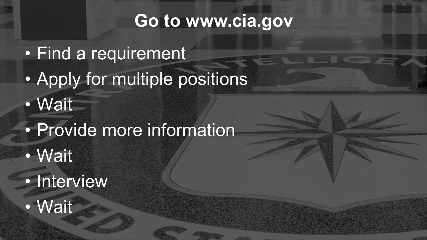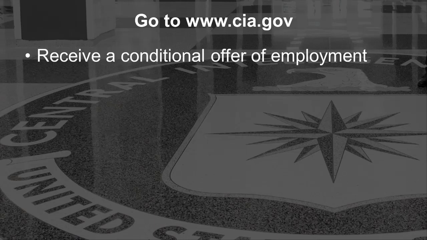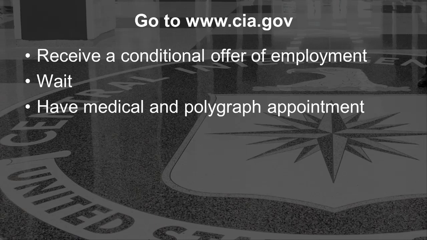And then you'll either be told there was no further interest or be given a conditional offer of employment, which means if you get through the vetting process and get your clearances, you'll have a job waiting for you. And then, guess what? You'll fill out more paperwork and wait until you're eventually scheduled for your security processing in the DC area, which includes a medical examination and everyone's favorite part of the process, the polygraph.